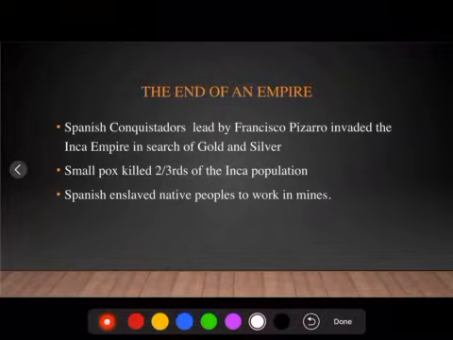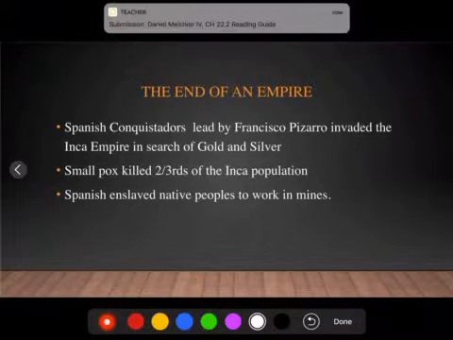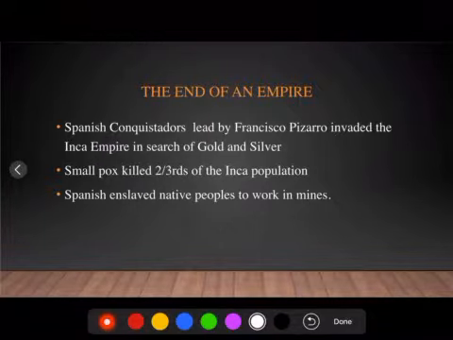They offered to pay off Francisco Pizarro, and they did pay him off with over $50 million worth of gold. However, the Spanish conquistadors took it and said, fine, we won't kill you, but they lied, and then they killed Atahualpa and killed most of the people and enslaved the rest.